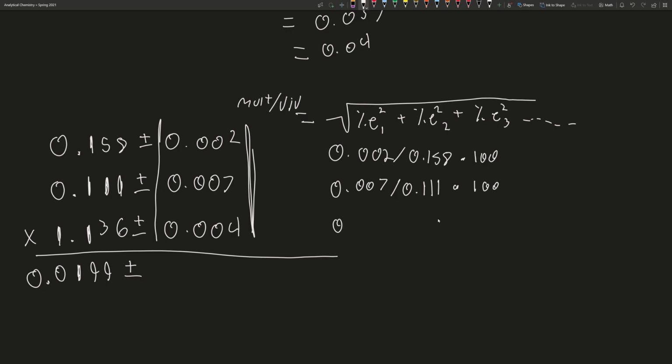And we do 0.004 divided by 1.136 times 100. And we get the following values. Approximately 1.3% here. We get 6.3% here. And we get 2.9%.